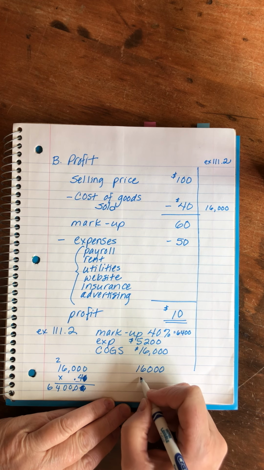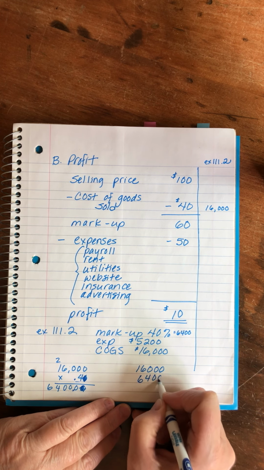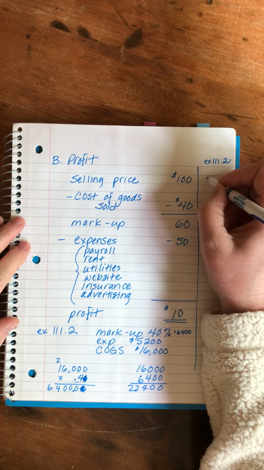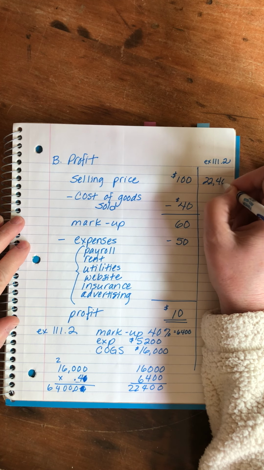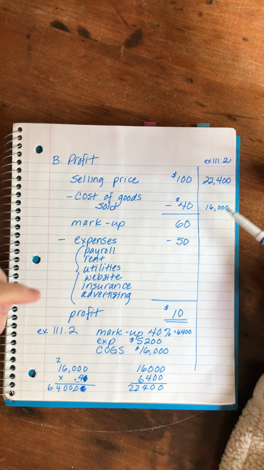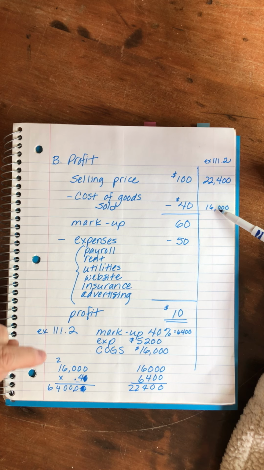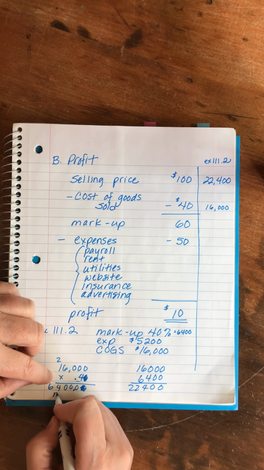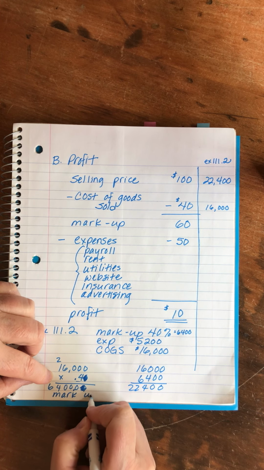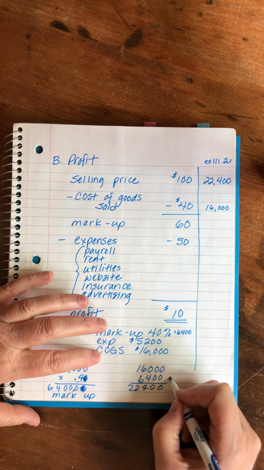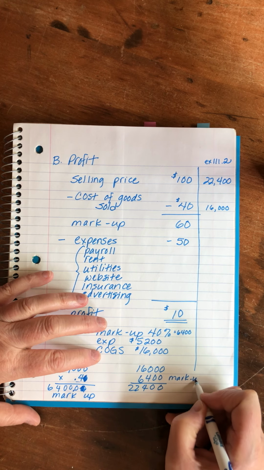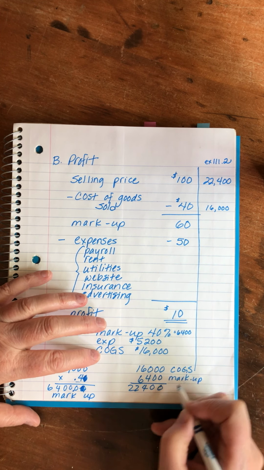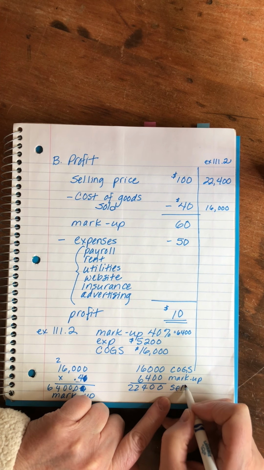If this is confusing you, just hang on for a second. I used the cost of goods sold and the markup percentage to calculate the amount of the markup. Then I added the markup to the cost of the goods we sold to get the selling price.